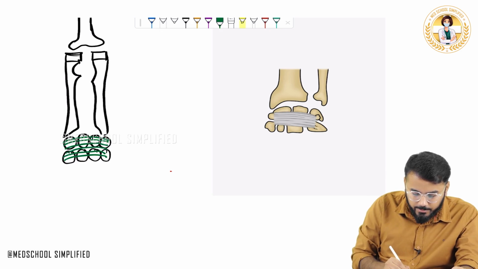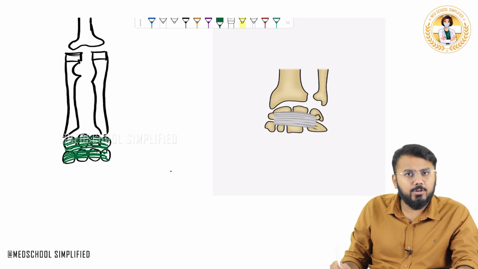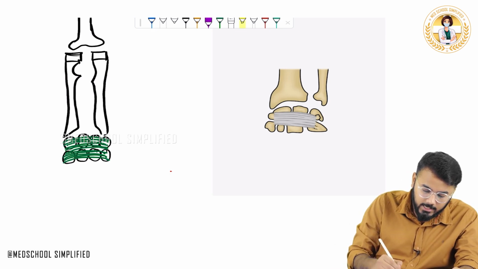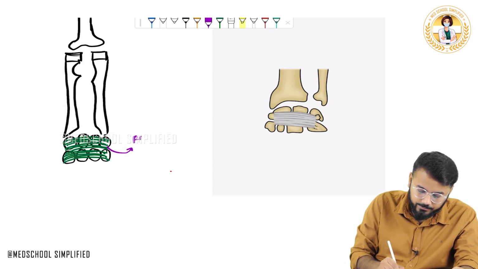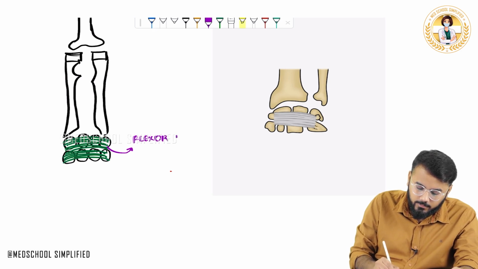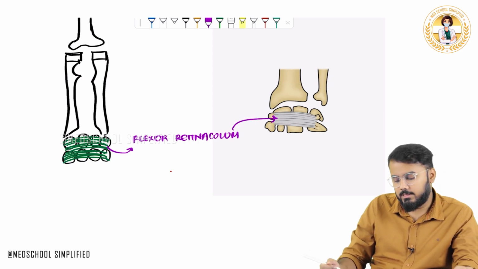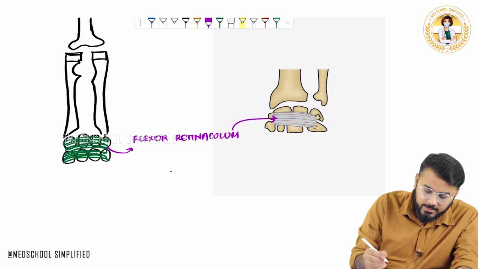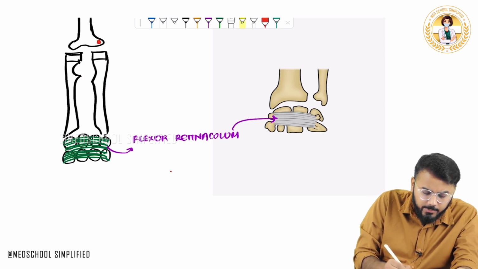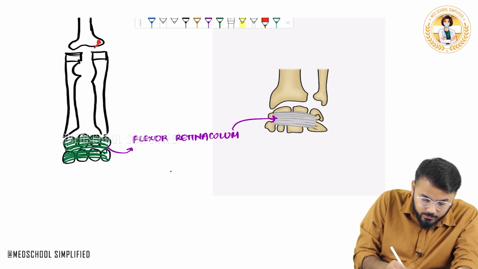And this fibrous sheath is called the flexor retinaculum. What is this fibrous sheath called? It is called the flexor retinaculum. As you can see, this is the flexor retinaculum. Now there is a muscle that originates obviously from the medial epicondyle, and this muscle comes all the way.